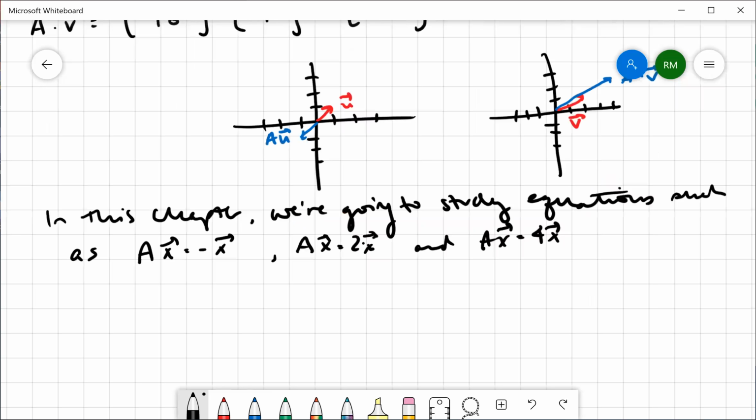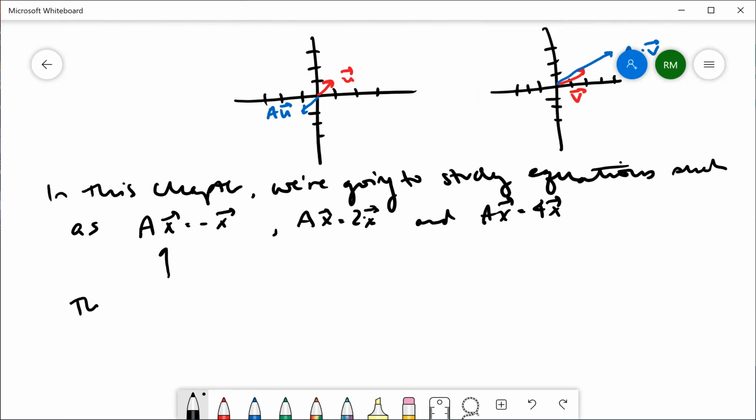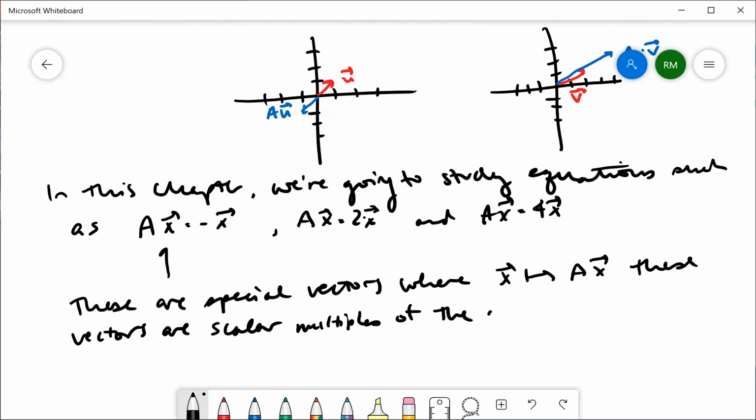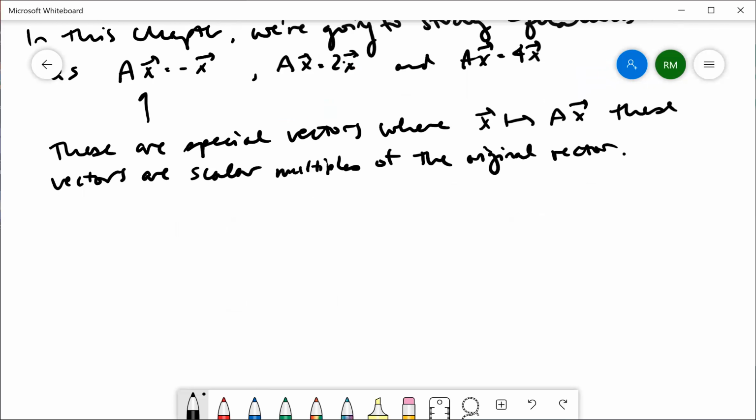So these are special vectors where, when you send the vector to A times the vector, these vectors are scalar multiples of the original vector. And we have special names for these vectors. They're called eigenvectors.